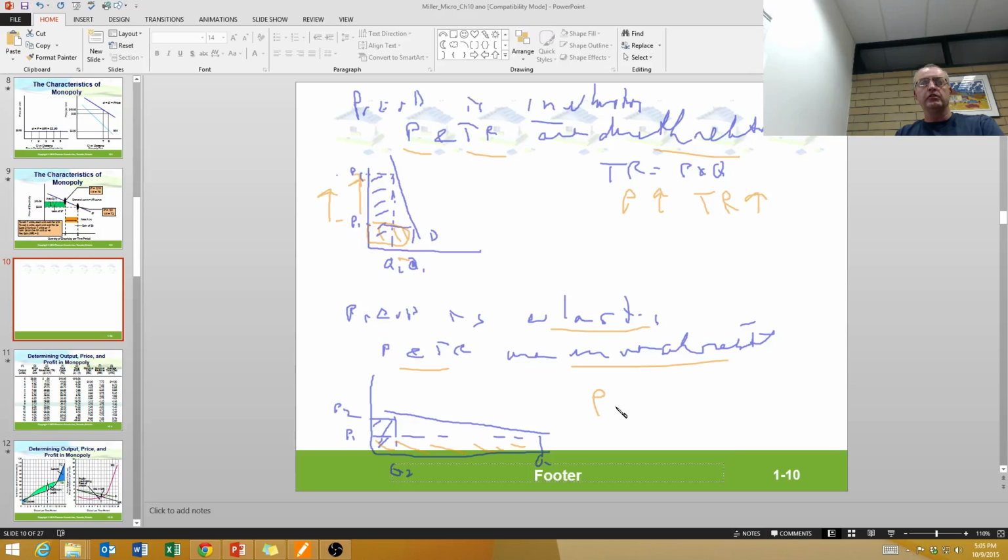So as price goes up, total revenue goes down. Just by measuring the size of these boxes, because in the first price, we have this big box, increase the price, quantity shrinks a lot, and the second box shrinks quite a bit. Anyways, so the price elasticity of demand has an effect on total revenue.